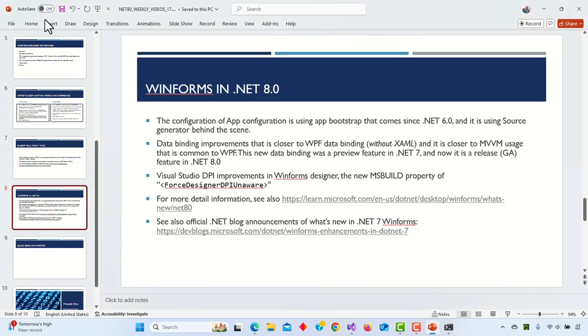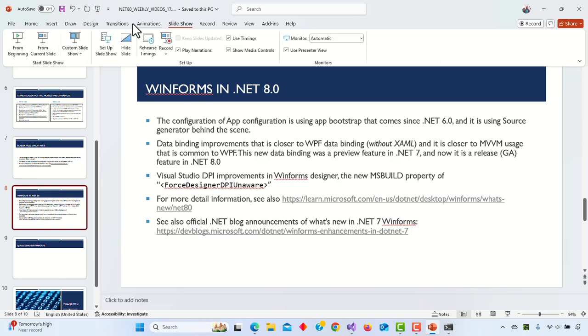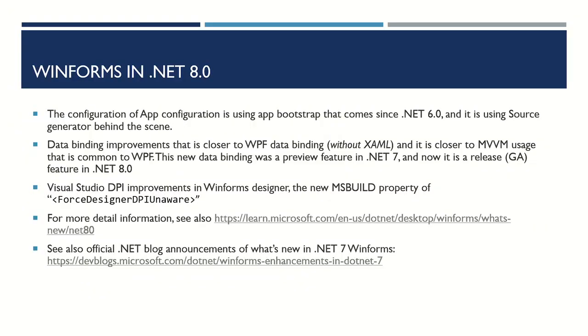Yeah, we have here WinForms. Where is the show slideshow? Yeah, for slideshow it is Control or C5. We are having lots of modern improvements in WinForms since .NET 5. Yeah, it started in .NET Core 3.0, but much more improvement is coming in .NET 5.